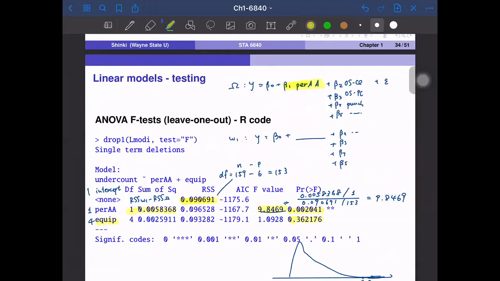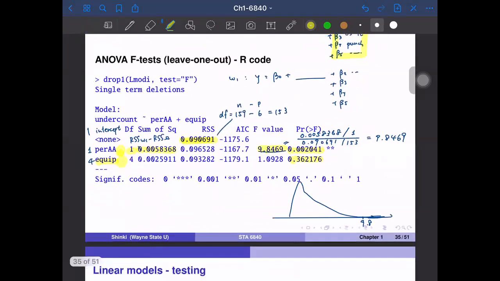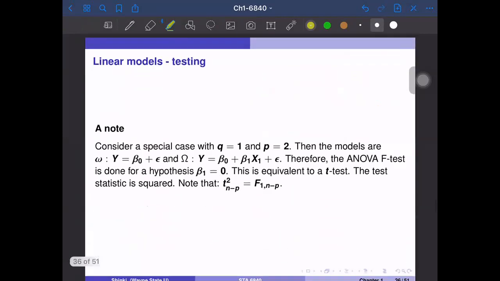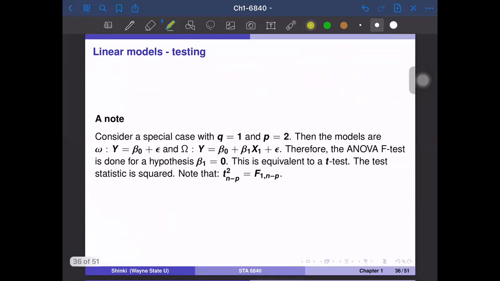So basically this table gives many ANOVA tests. In this case only 2, but for each variable that we test the significance of parameters. So the first block is this one, the second block is this one. If we have more variables, we do more ANOVA at the same time. And here we consider the special case with Q equal to 1 and P equal to 2. So the smaller model has only the intercept, Q equals 1, and the larger model, P equals 2.